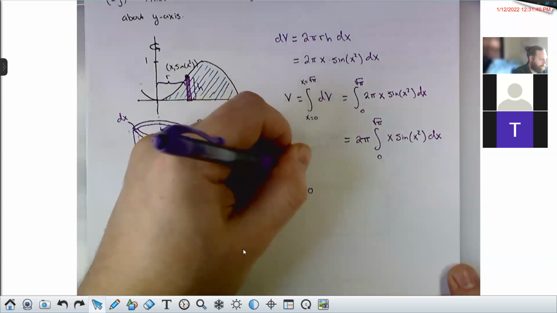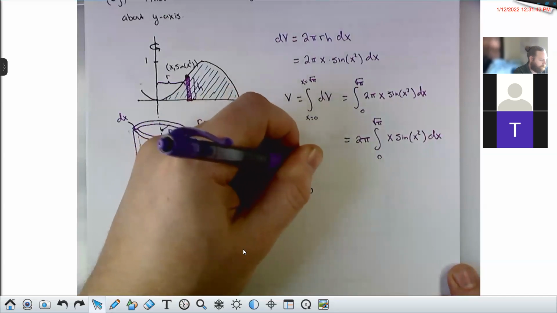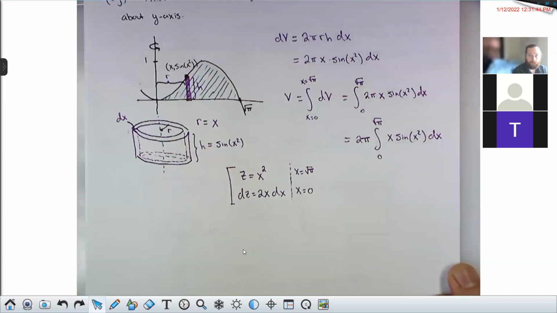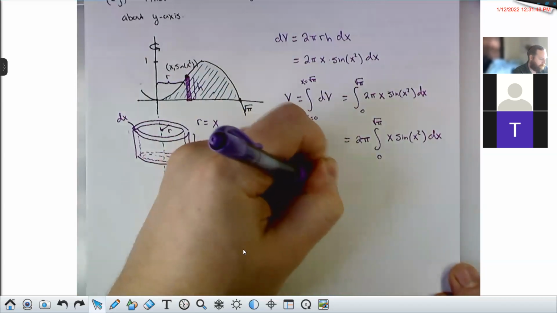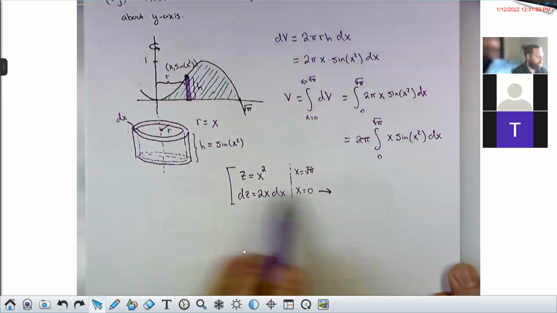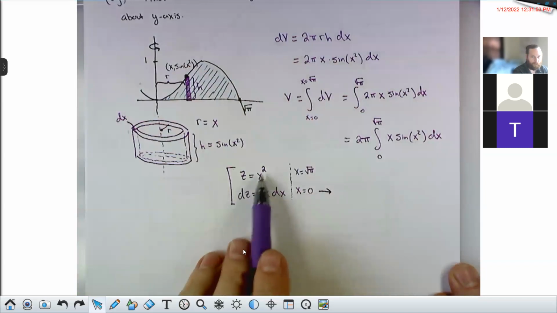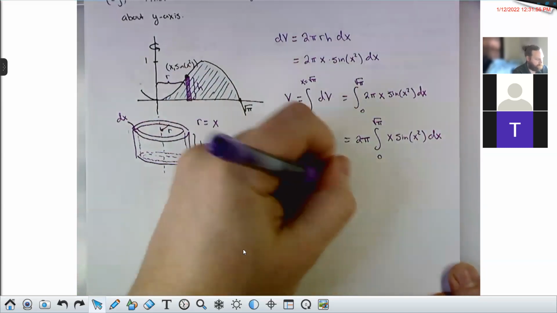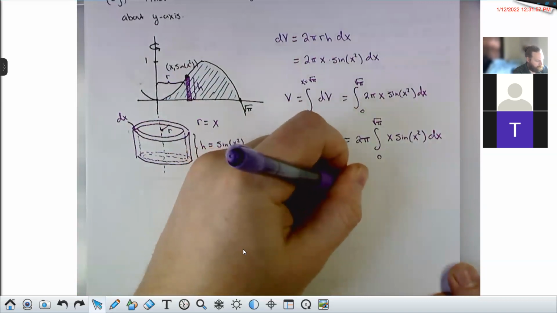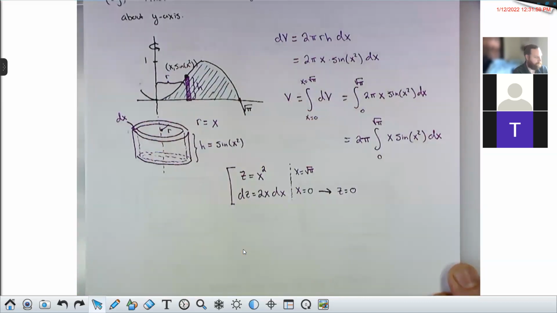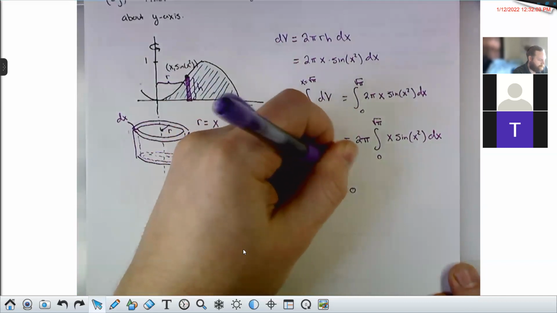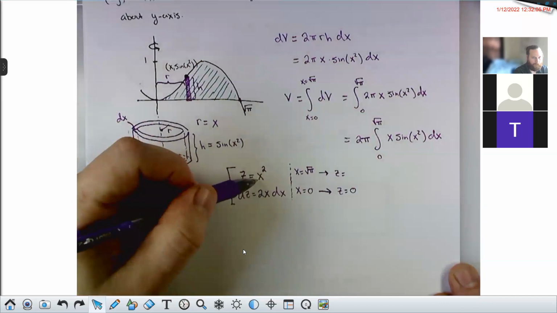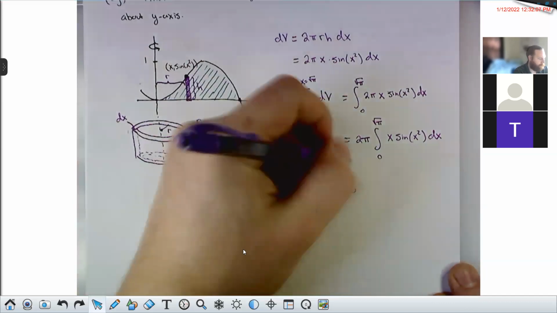My old upper bound is x equals the square root of pi. I told you we're going to use substitution all semester long. That's 100% true. You need to get good with this stuff. When x is equal to 0, z is equal to 0 squared. And 0 squared is still 0. So my lower bound will stay 0. When x is equal to the square root of pi, z is equal to the square root of pi squared, which is just pi.